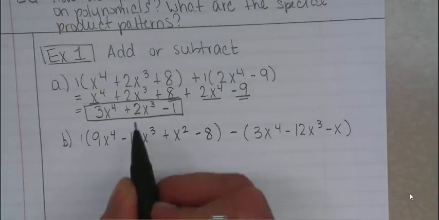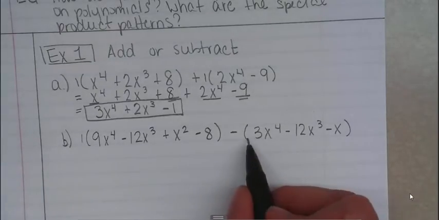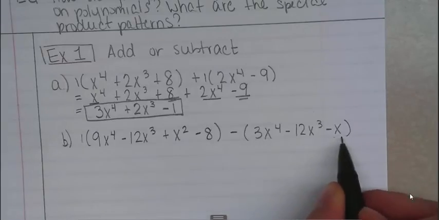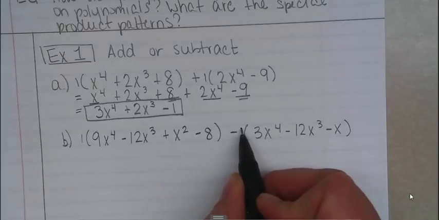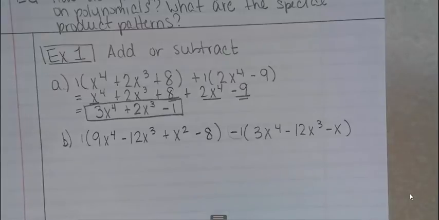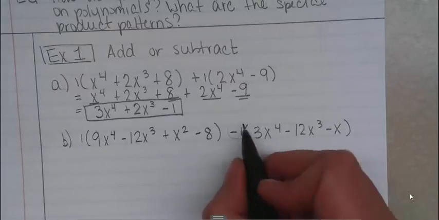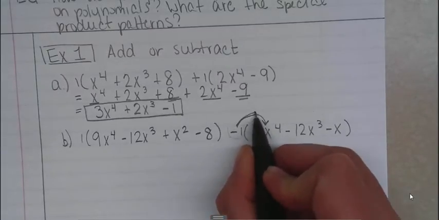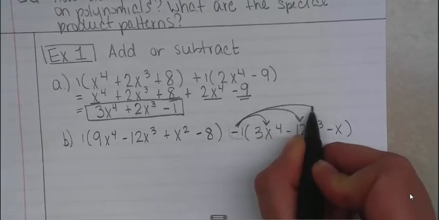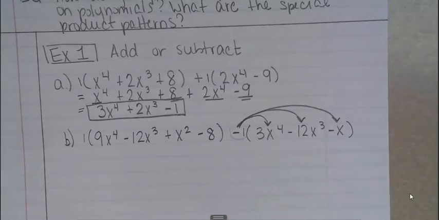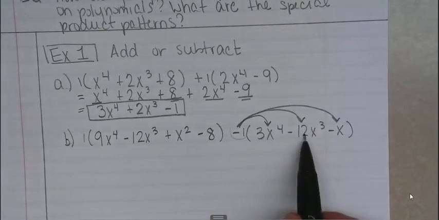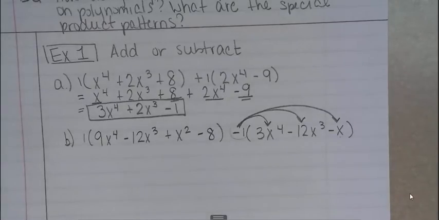So that's easy. I'm going to distribute the positive 1. How about the second parentheses, though? The second polynomial, there's a negative 1 out here. So I need to distribute a negative 1 to everything in the second polynomial. That's going to make each one of these terms opposite of what they are right now.